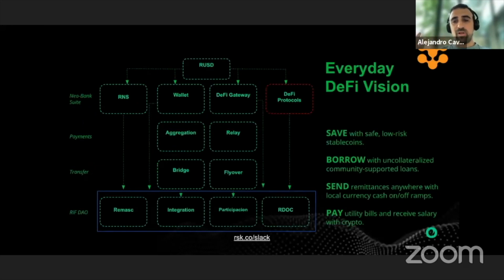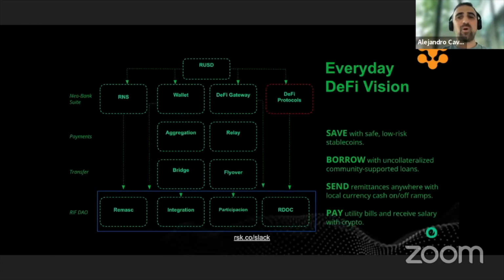Albert talked before about what Dieguito mentioned about the vision of IoVLabs and the financial inclusion. So we talk about everyday DeFi.